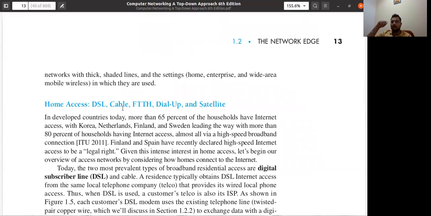At that time, telephonic networks were there all across the places, and cable networks were there, particularly in Europe and America. So they looked for an option whether through the existing infrastructure there is a possibility of accessing the network core.